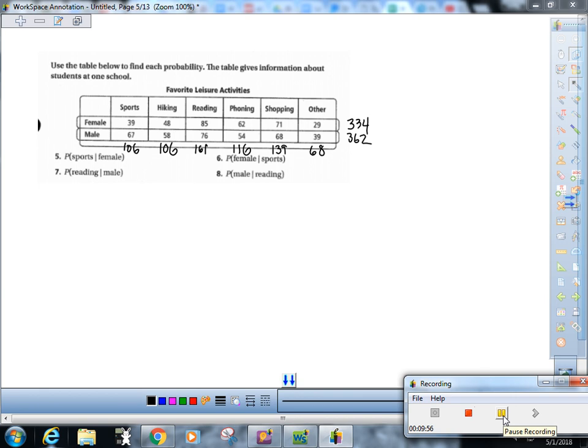Okay? What is the probability that someone plays sports given that they are a female? How many females play sports? 39. How many people are there total? Oops, I didn't add this up. What is that? 696 total.